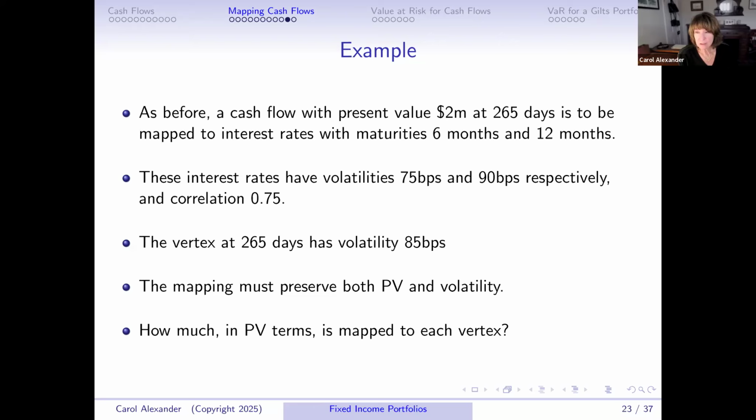And the correlation is 0.75. We've got sigma I here is 85 basis points. What is P? How much in present value terms is mapped to each vertex? So I find P, and then I multiply P by 2 million, because that's what xi is. Remember, P xi and 1 minus P xi are the amounts in present value terms that's mapped to each vertex.